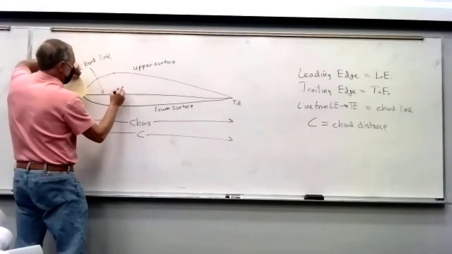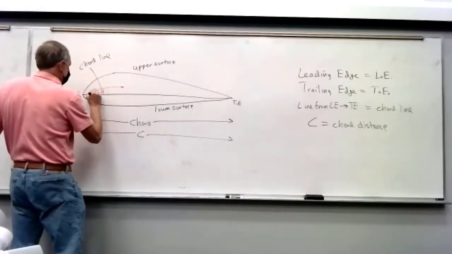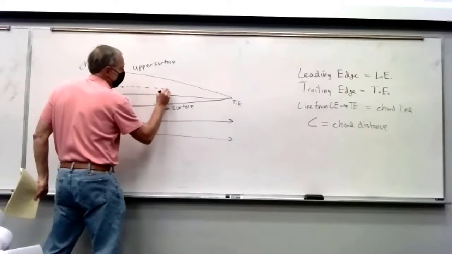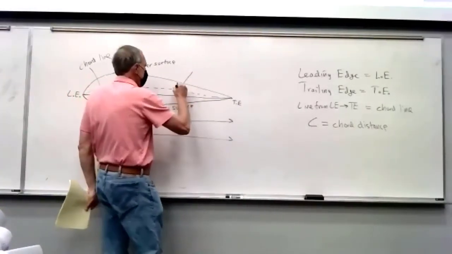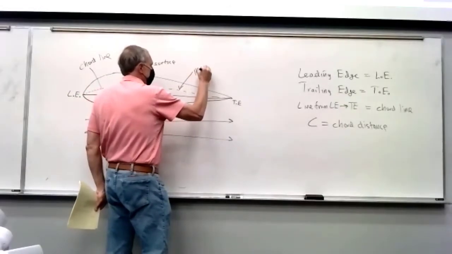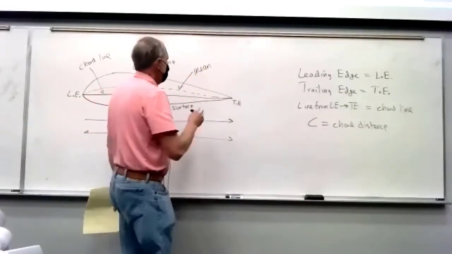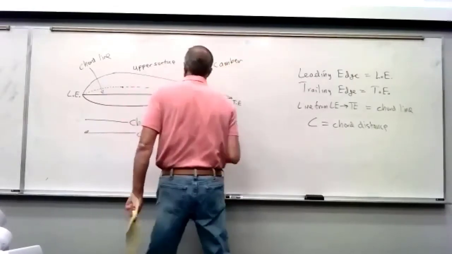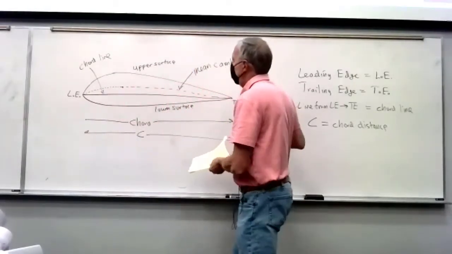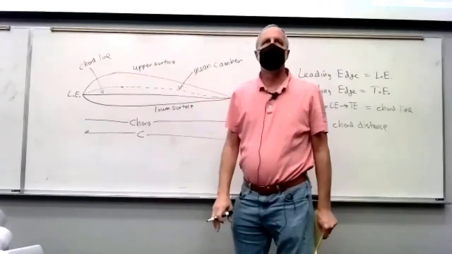If you do that all the way, you get a dotted line. And this is called the mean, because it's in the middle, halfway, and that's camber. And camber is a name for how much the airfoil curves up or down.